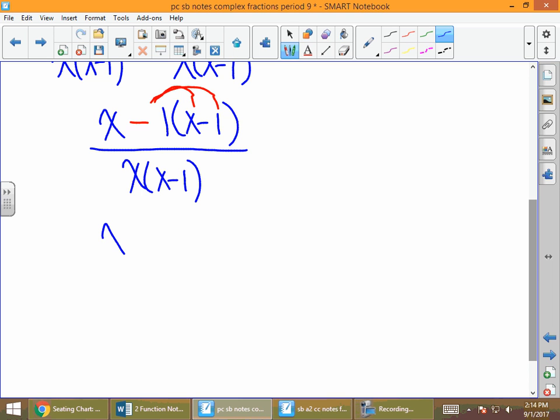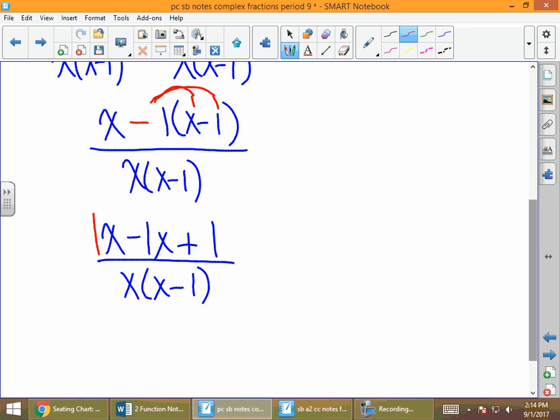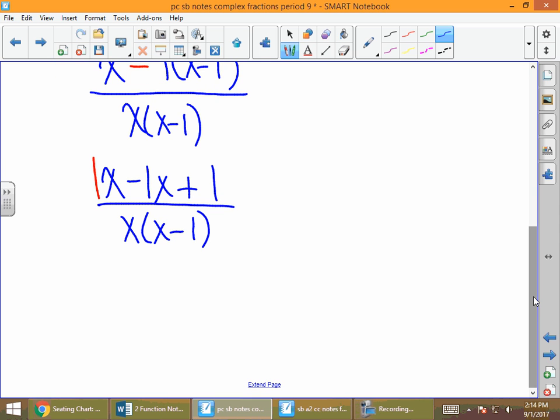So we have x minus 1x plus 1, because negative times negative is positive 1, divided by x times x minus 1. And then I know I wrote that 1 on the second x, but it's really 1x minus 1x. When we simplify this, it simply leaves us with 1 over x times x minus 1.